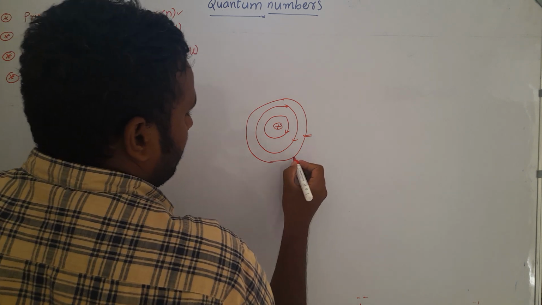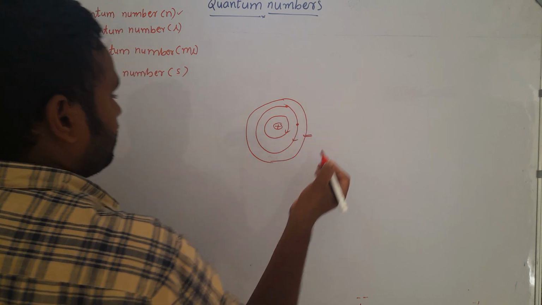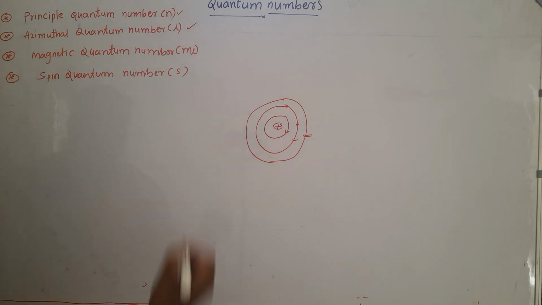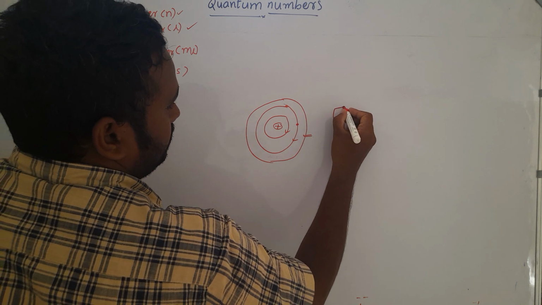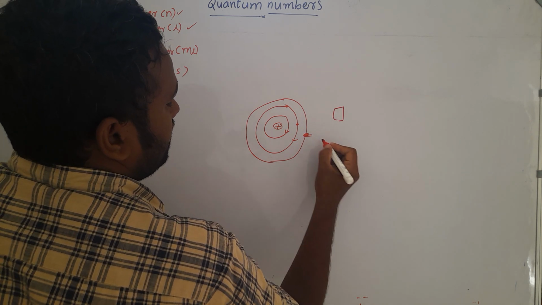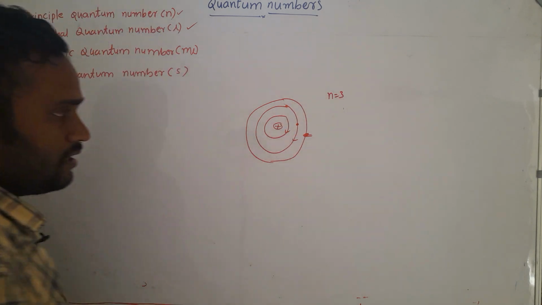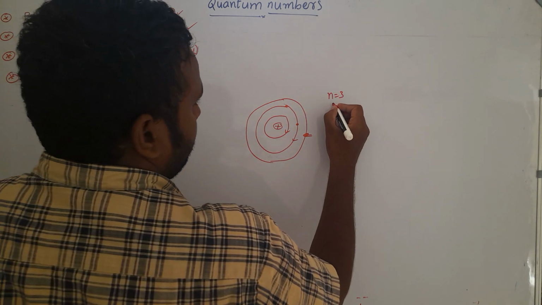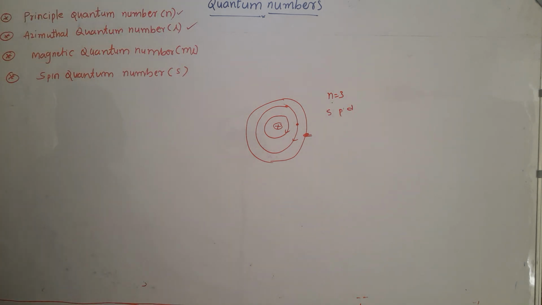The azimuthal quantum number gives information about the subshell. First we enter into the shell. For example, let us consider the third shell, so n is equal to 3. We already know the third shell contains S, P, D subshells.